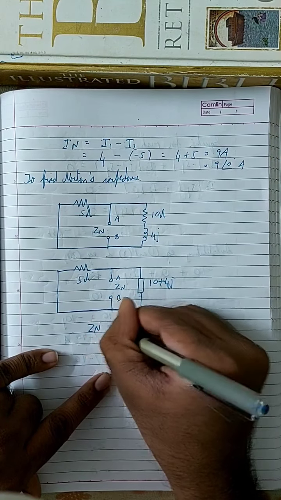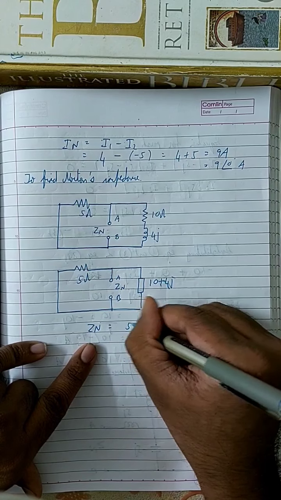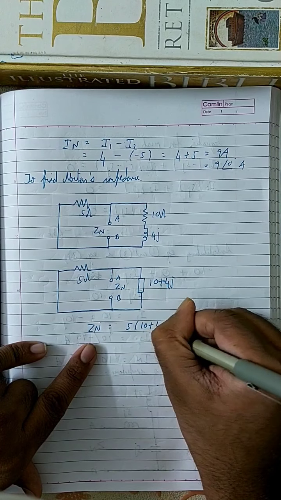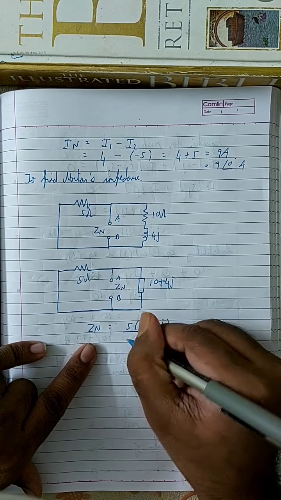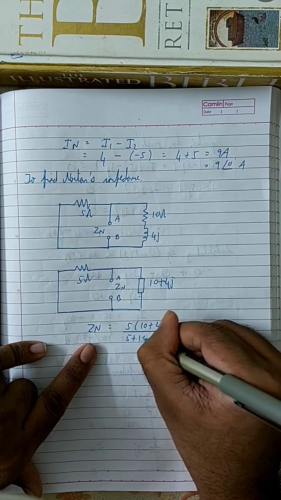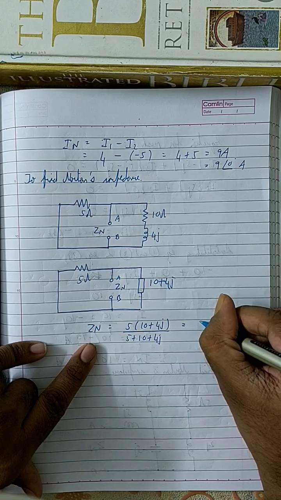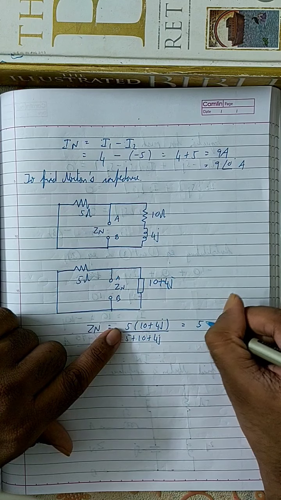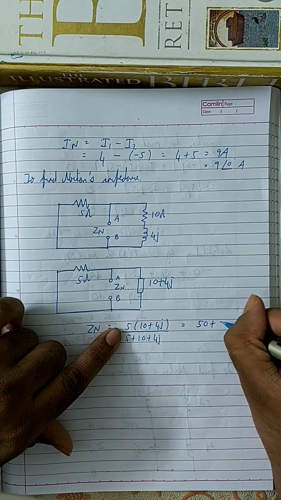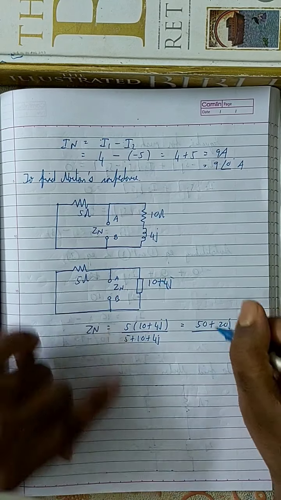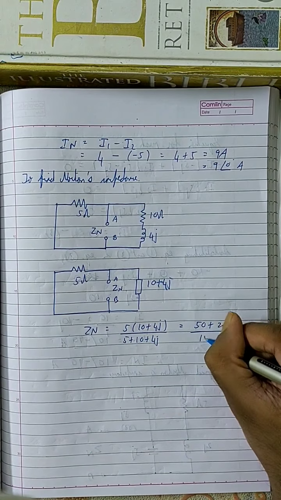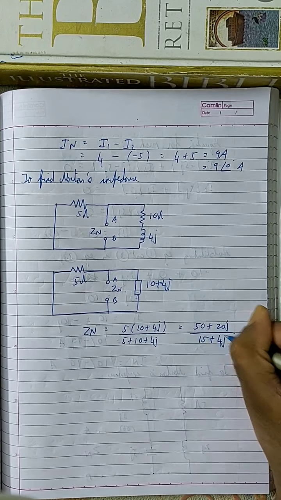Therefore Zn is equal to 5 into (10 plus 4j) by (5 plus 10 plus 4j), or basically this is 5 into 10 is 50 plus 5 into 4 is 20j, by 5 plus 10 is 15, so 15 plus 4j.